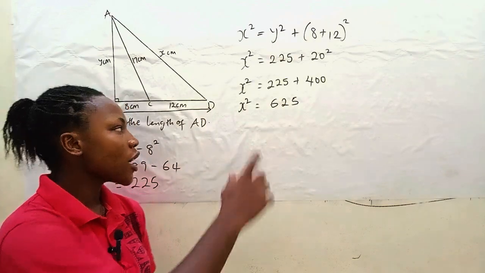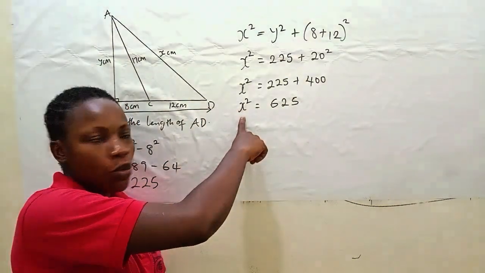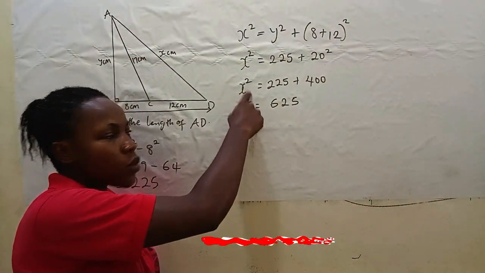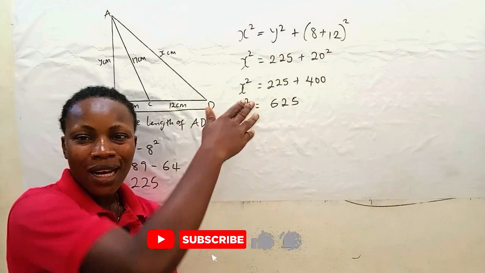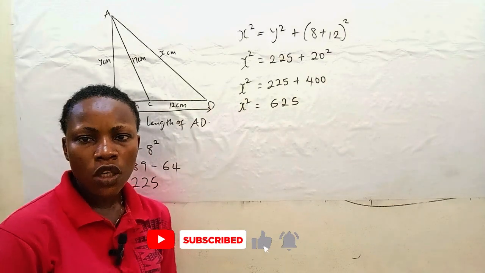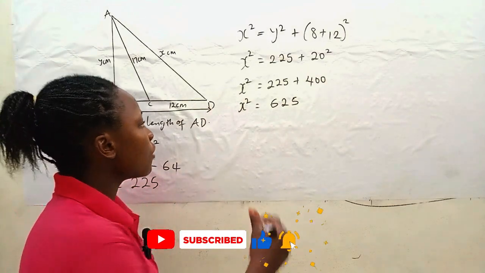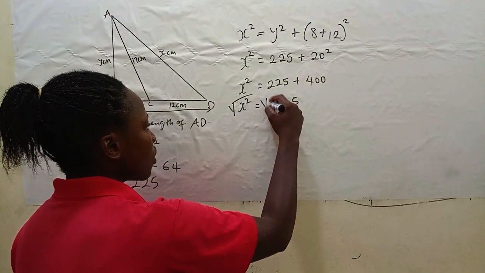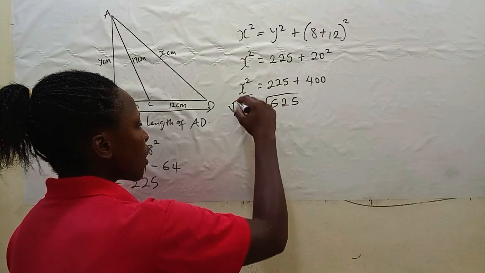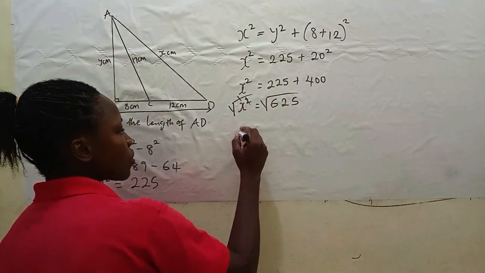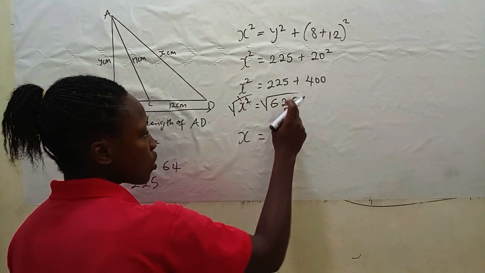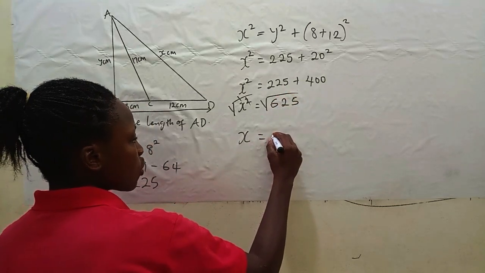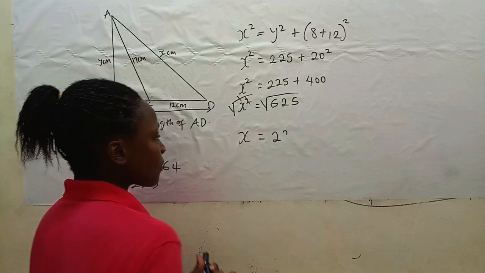Once we take the square root of x square, we'll be able to cancel this square because the square root will cancel the square. Alright, so taking the square root, this square cancels the square root, giving us x equals the square root of 625, which is going to be 25.